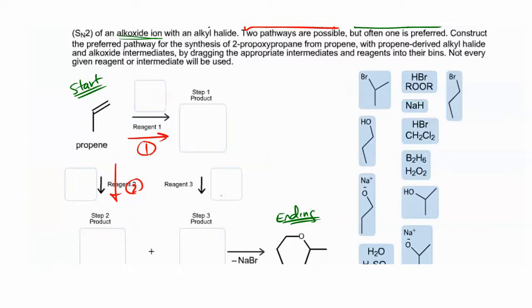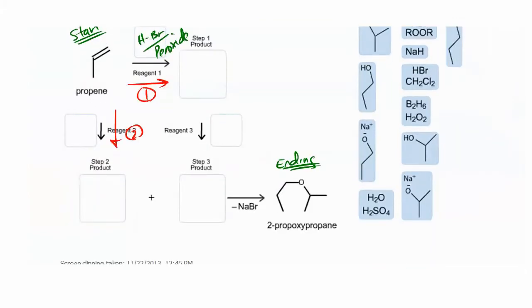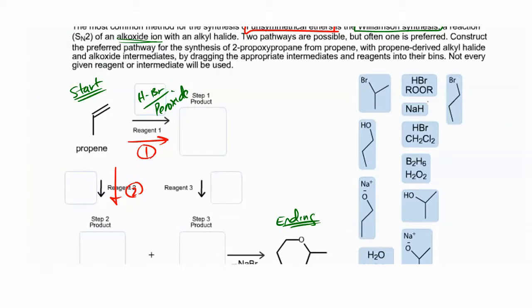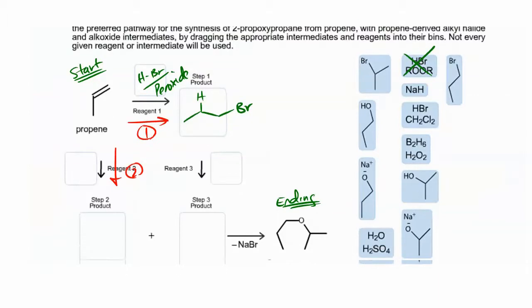So in order to do that, we're going to use HBr with peroxide, which is simply this right here. And then this is simply going to give us this here, and the hydrogen will attach here. So we've gotten the alkyl halide.